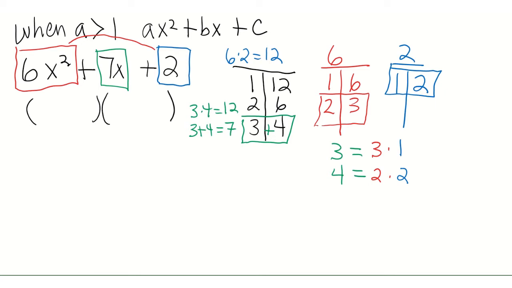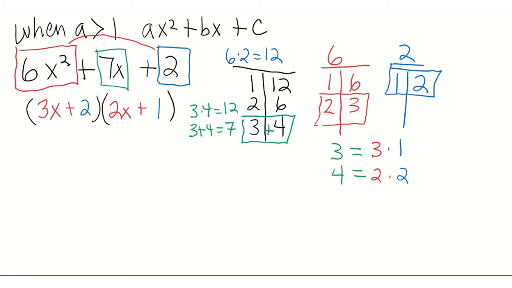That A and my C, I'm going to want to make sure that they're paired together so that when I do my inner and outer, they're going to give me my 3 and my 4.